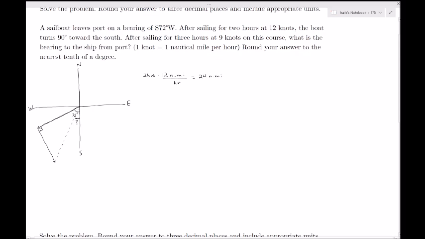So the first side of this triangle has a length of 24 nautical miles. For the second leg, we sailed for 3 hours at 9 nautical miles per hour, so the second side of this triangle is going to have a length of 27 nautical miles.